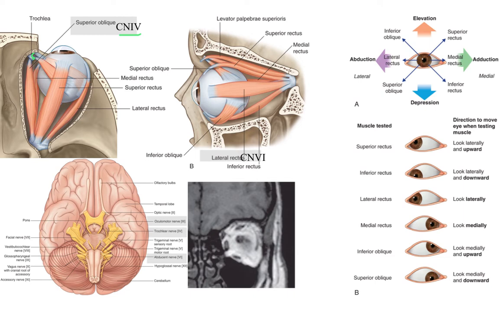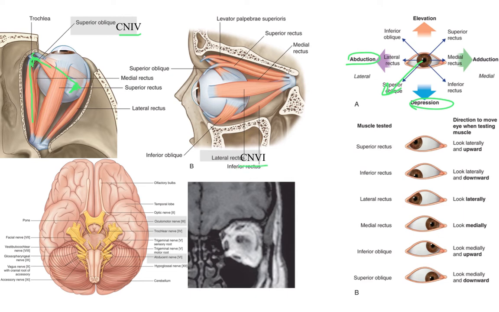And so the superior oblique muscle goes through this trochlea and then attaches to the eyeball over on the opposite side. So when cranial nerve 4 stimulates this muscle to contract, it's going to pull the eyeball in this direction, so down and lateral, what we call abduction and depression.